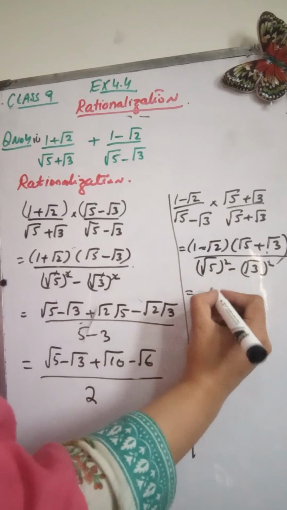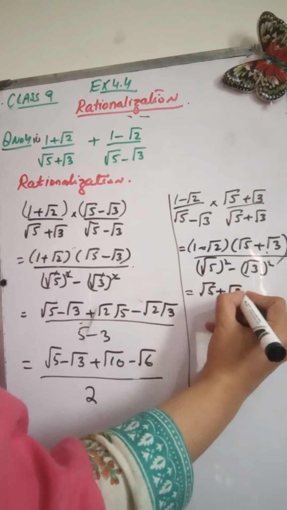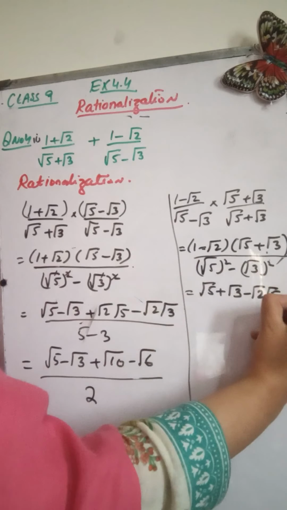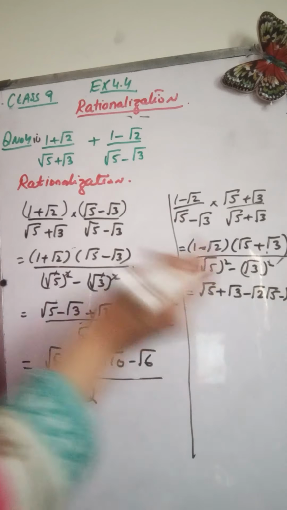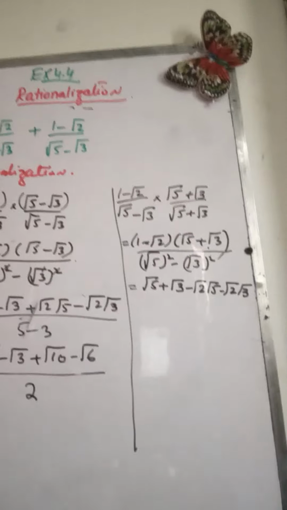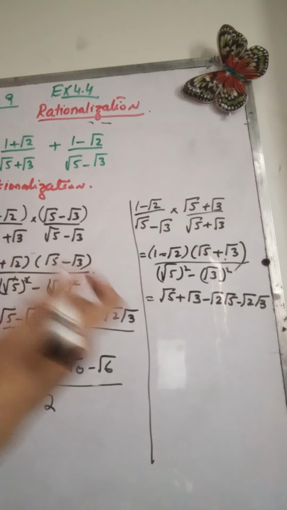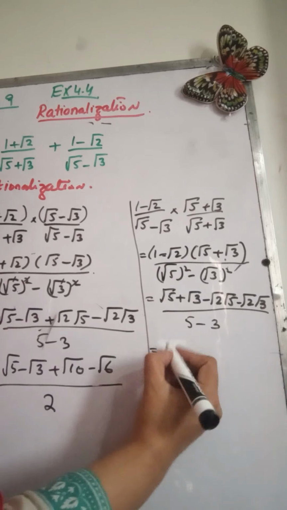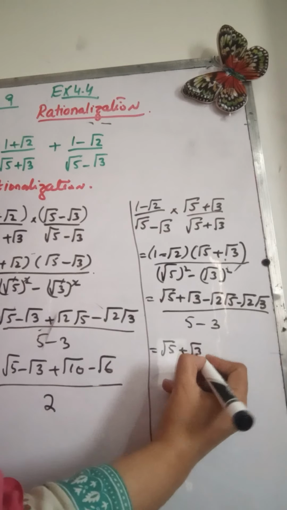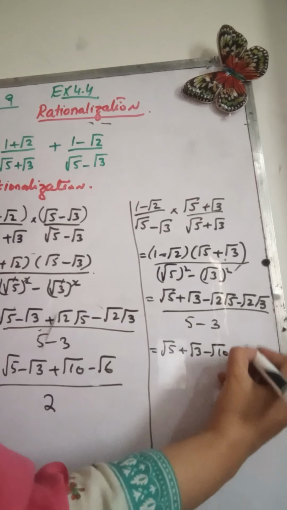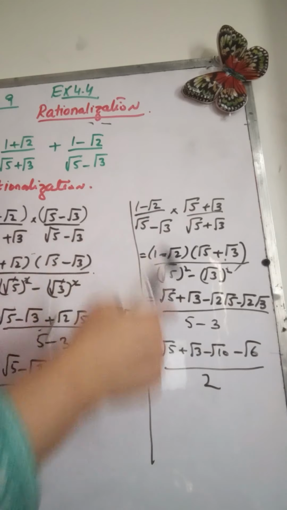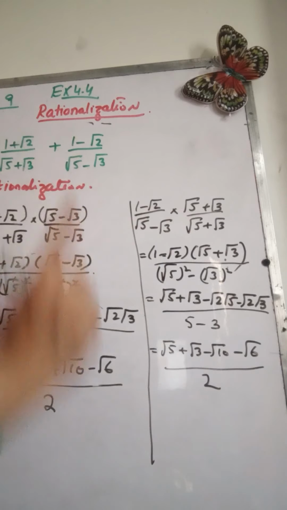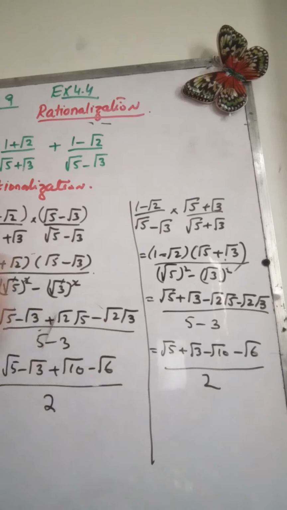Now multiplying these two brackets, we will get minus under root 2 under root 5 minus under root 2 under root 3 over, this will be 5 minus 3, so we will get under root 5 plus under root 3 minus under root 10 minus under root 6 over 2. So this is the first fraction and this is the second fraction. Now we are going to add these two fractions by adding these two numbers.